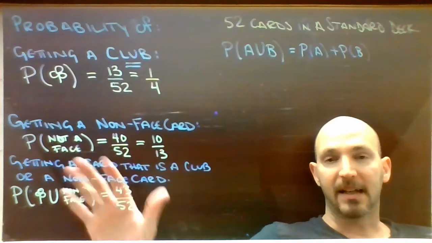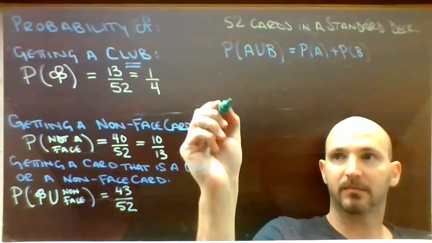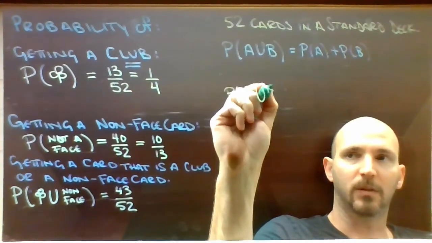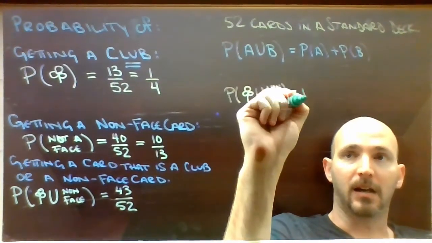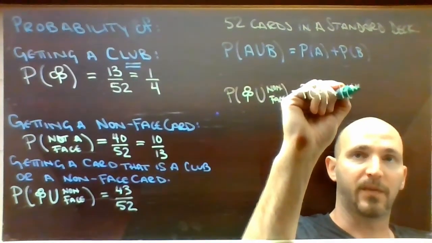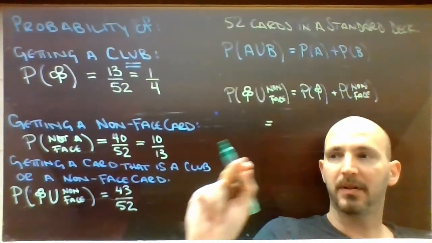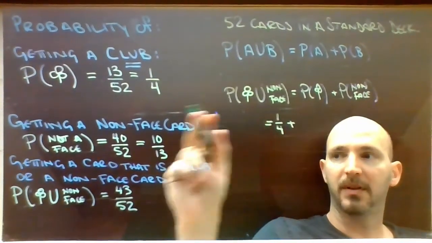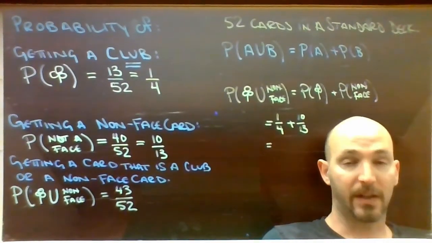So in this example here, the probability of it being a club or a non-face card would be the probability of a club plus the probability of non-face. Well, the probability of getting a club was 1 out of 4. And the probability of a non-face was 10 out of 13. Now, we could do this with fractions.